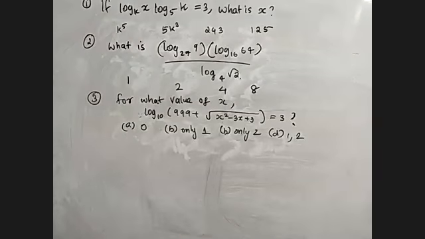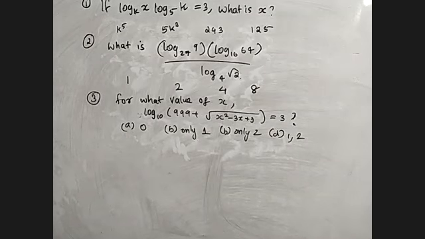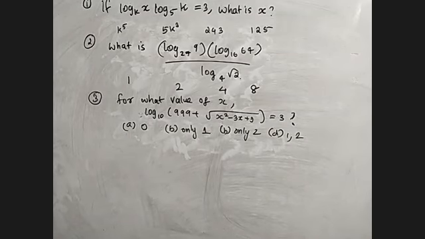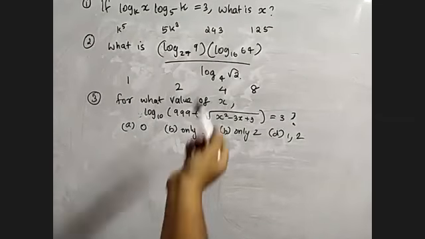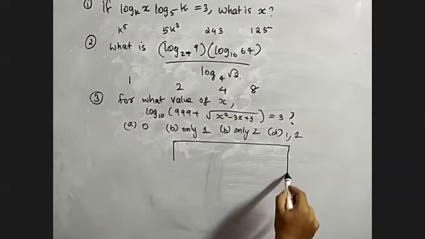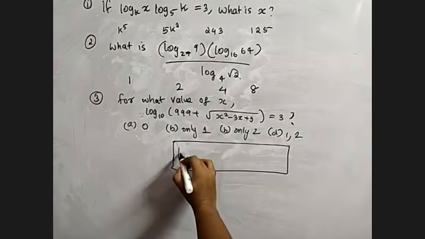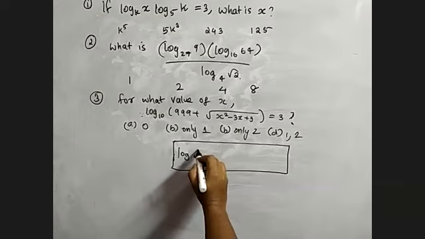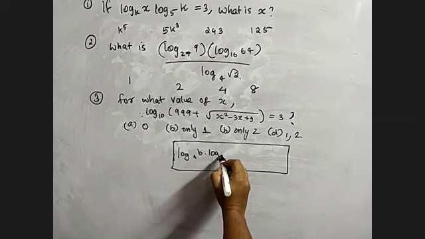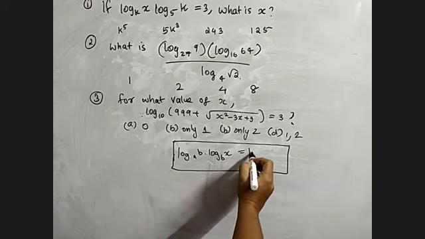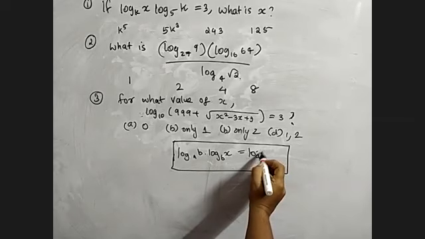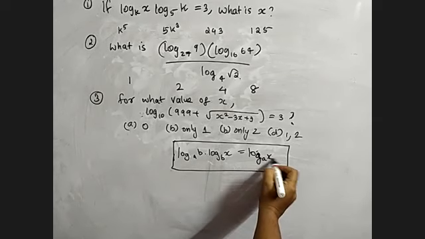Okay. See one more property. Put this property also in the box. Log AB into log BX is equal to log AX.